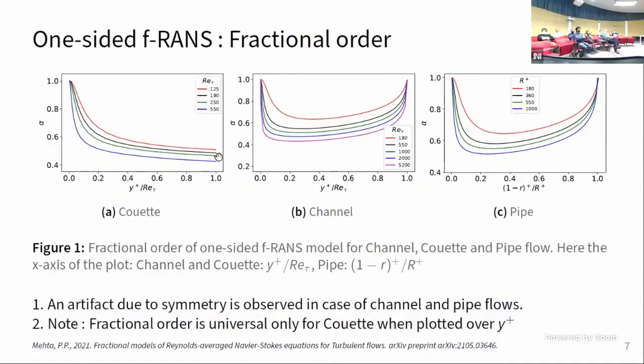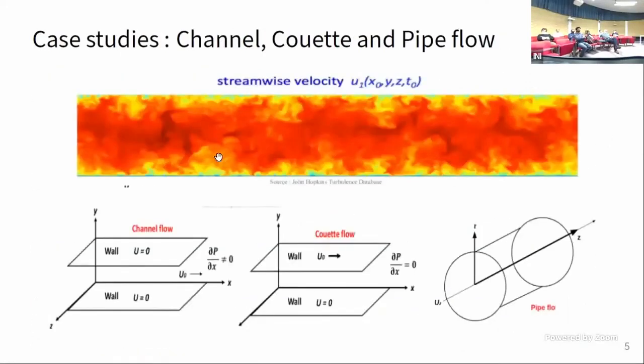So I'll start with some of the results for the one-sided cases. Zero in all of those plots is the physical wall, which is the lower one, and for the one-sided model, the domain of computation is half of it.